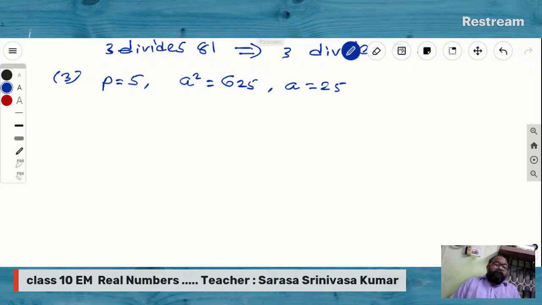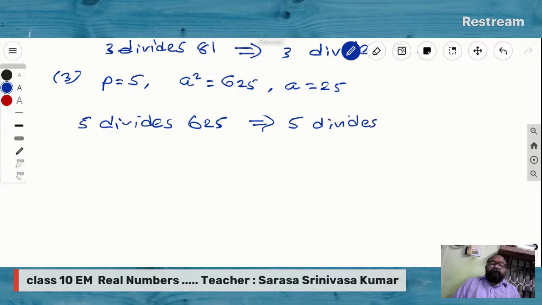So here 5 divides 625. That implies 5 divides 25. So if p divides a square, it implies p divides a.